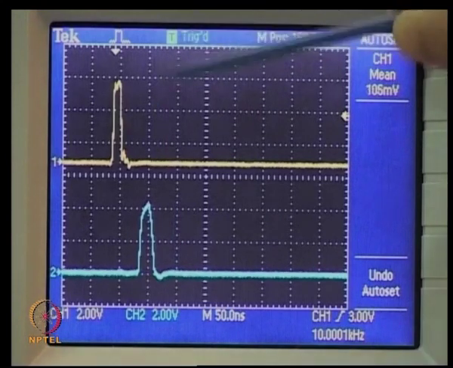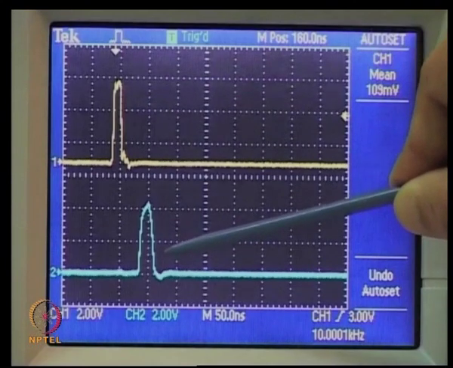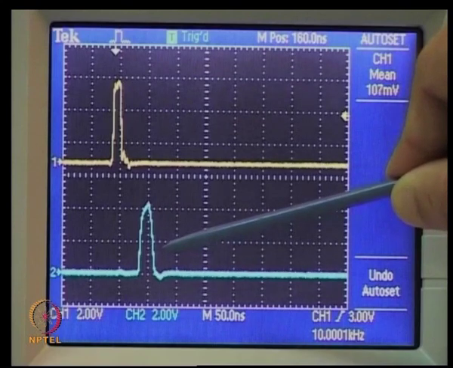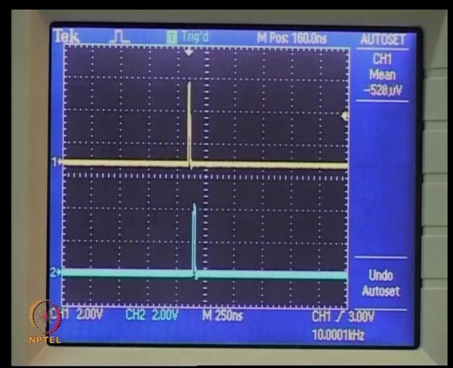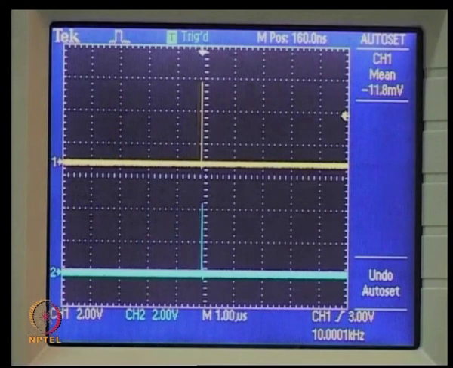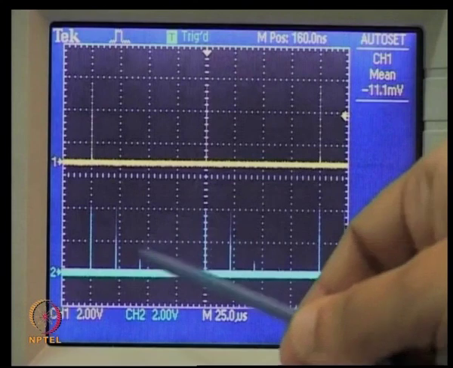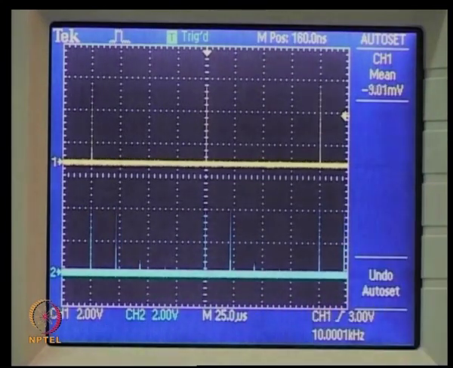So you can see the first peak on channel 2. It is a bit elongated as compared to that of channel 1. Now we will see the second peak at the receiver.